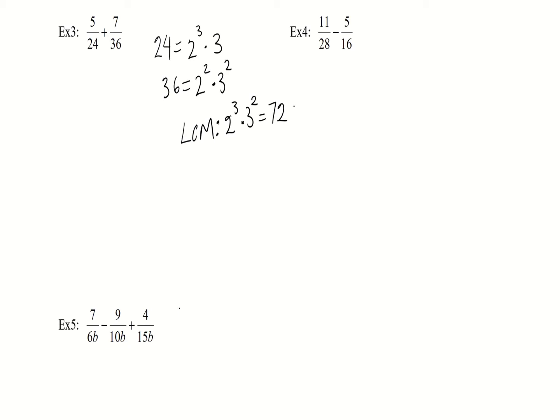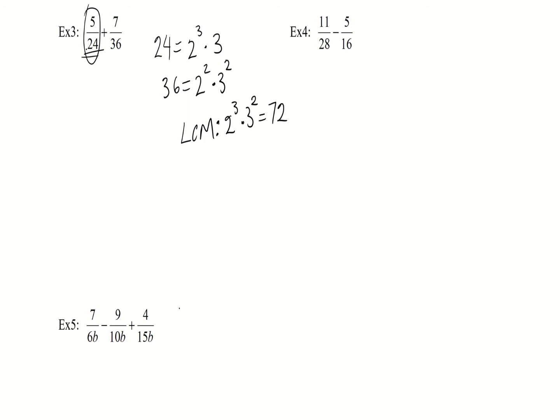And so we have to multiply the denominators that we have in the problem here in example 3 by the missing factors for each one, right? So here in the first term, the 5 over 24, the denominator 24 is missing the factor of 3. 24 times 3 will give me 72.